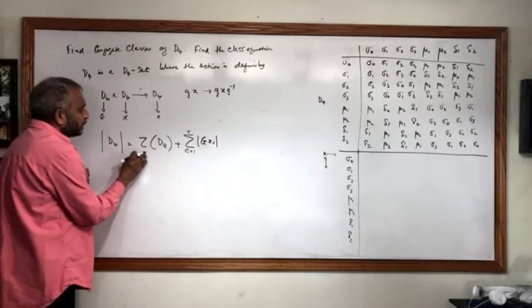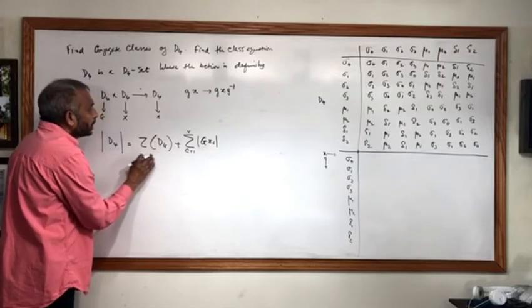So our first aim is to find the one element orbits of D4.